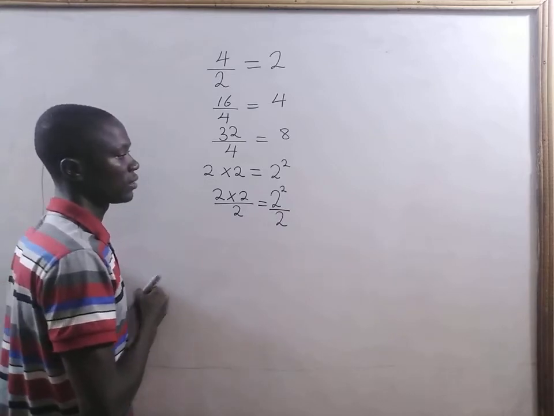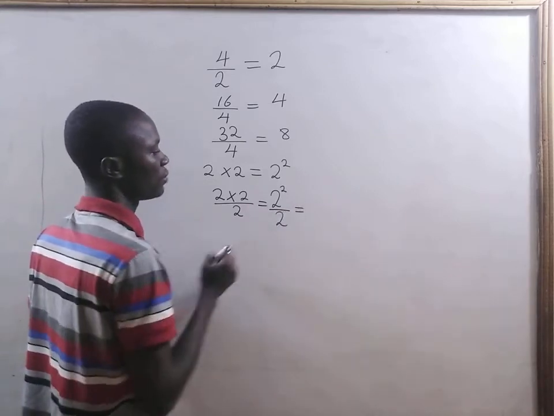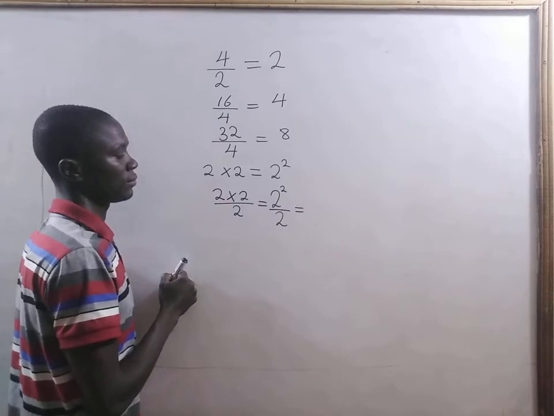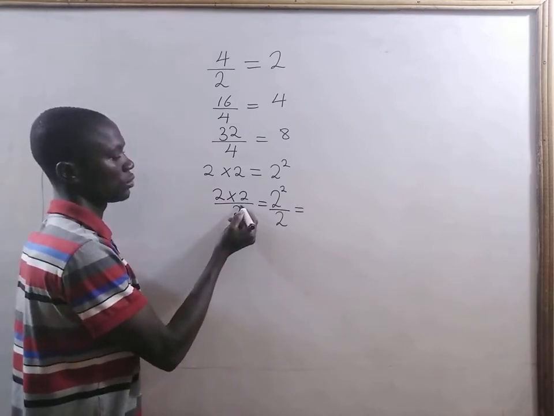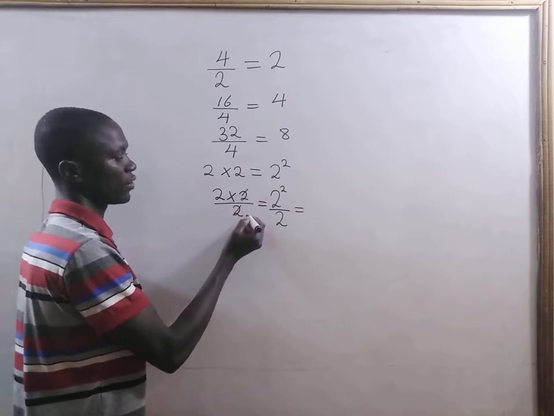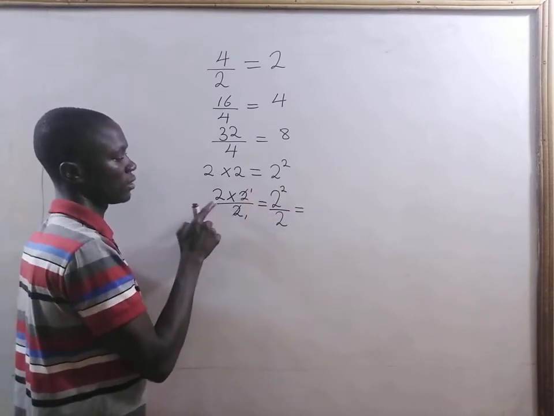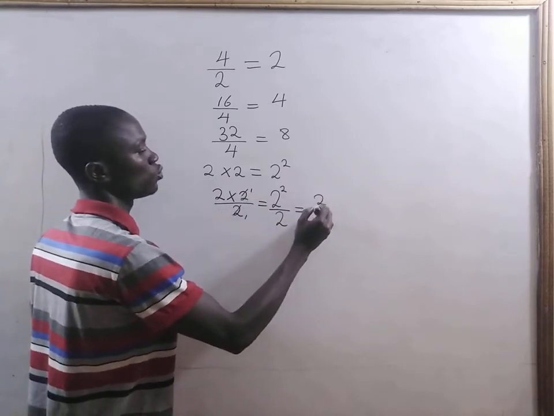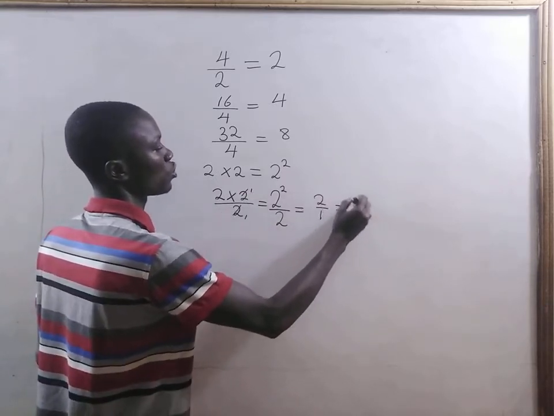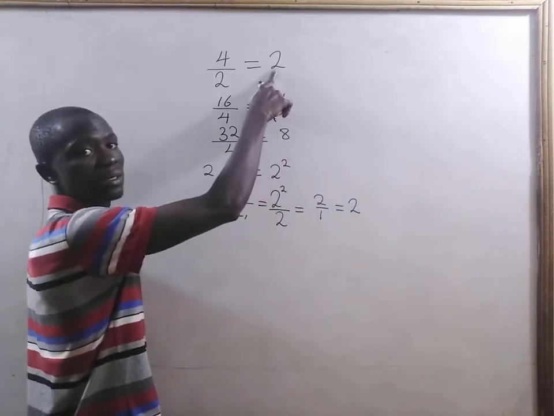So here this simply means that these 2 cancel these 2, we are having 1. 2 times 1 is 2. So we are going to have 2 divided by 1, which is equal to 2, as we've had here.